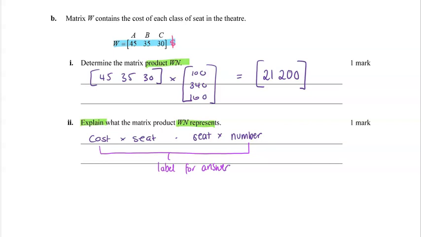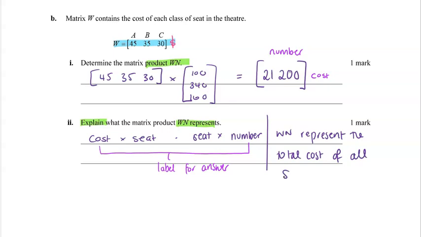So our answer matrix from part 1 was actually saying we've got cost or the number of seats. So our explanation here is that WN represents the total cost of all seats, and that was 21,200.